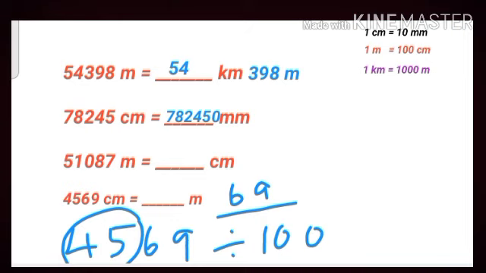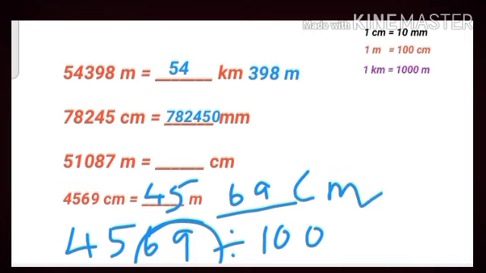So 45 is the quotient. But 69 is also a value, so we can't leave it. We have to write it as 45 meter and the remaining 69 centimeter. We have to write like this. Do you understand, children? Thank you.